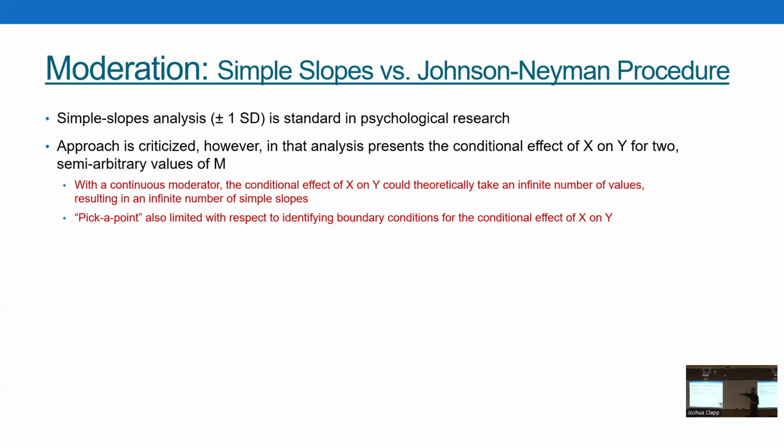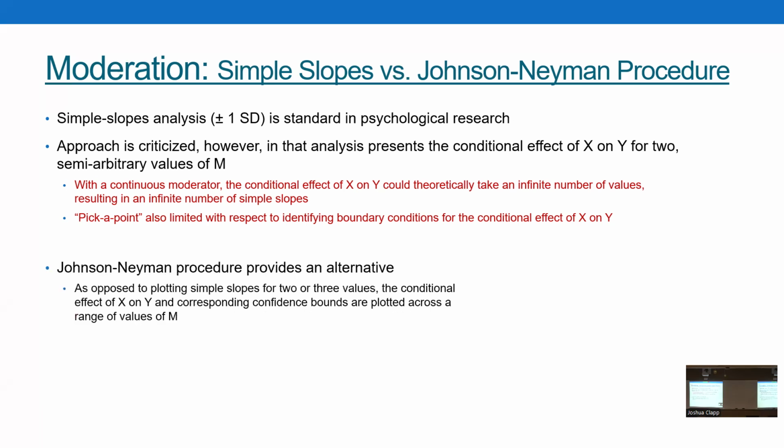But in this case, for a certain range of my moderator, X doesn't hold an association with my outcome. At some point that relation is going to start to be negative, and at some point it's going to become positive. It'd be really cool to know where that happens. I think there are some pretty substantial theoretical implications for knowing some of these things.